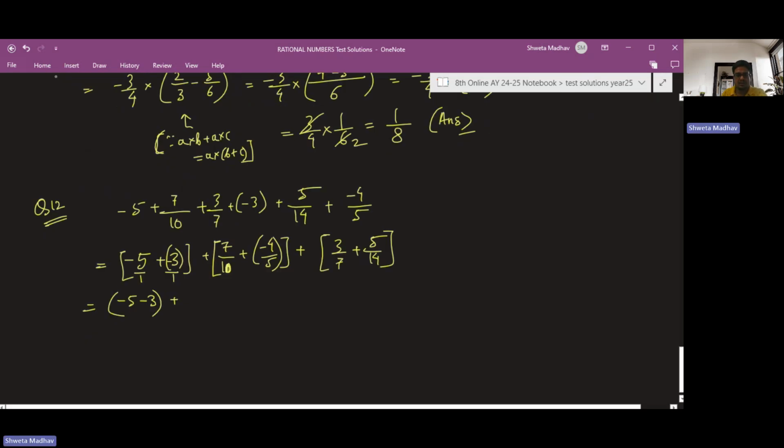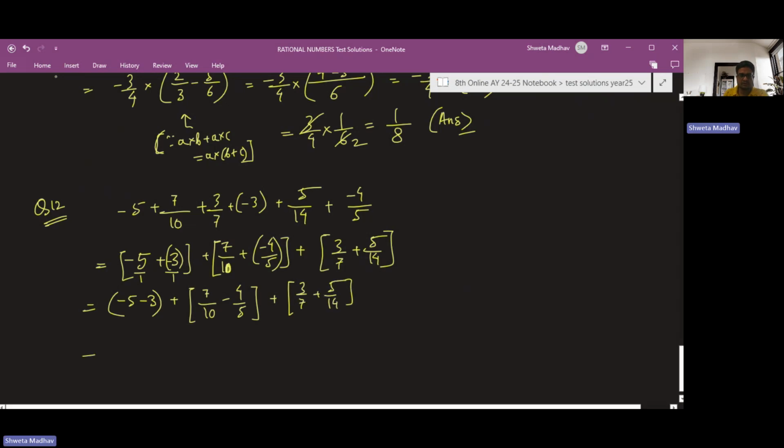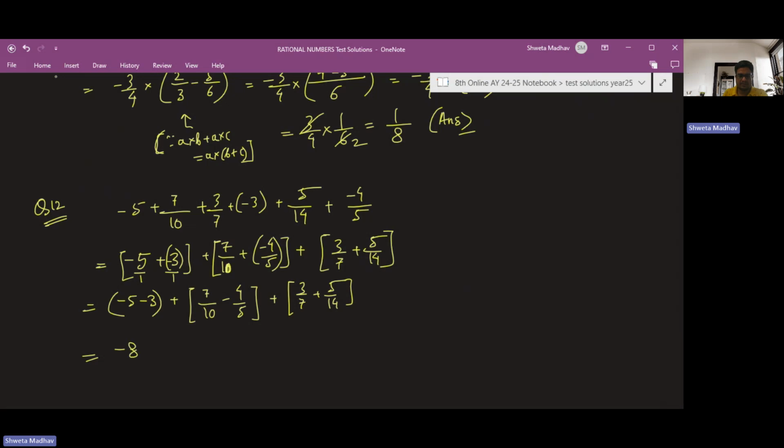So this will be -5 minus 3, and this will be 7 by 10 minus 4 by 5. Since plus times minus is minus, plus this will be 3 by 7 plus 5 by 14. So then this will be -5 minus 3, that is -8.